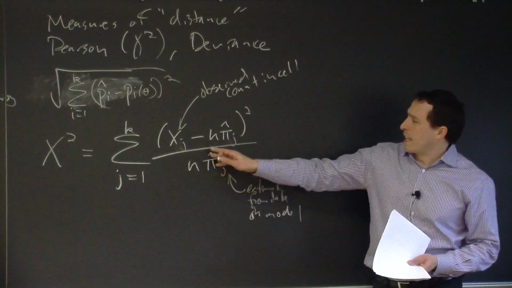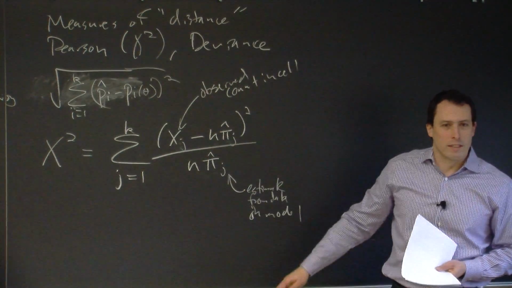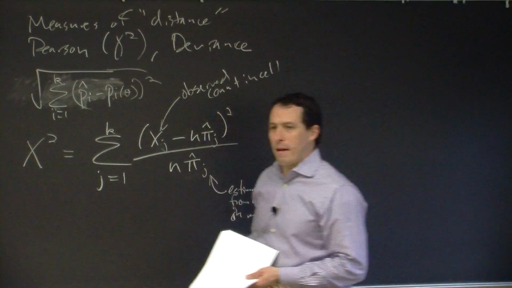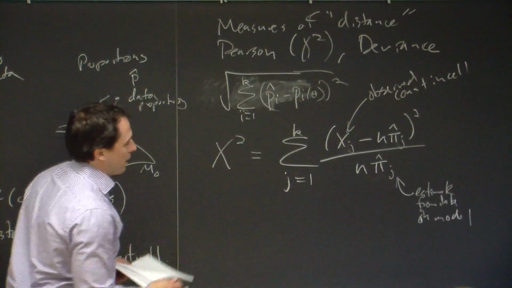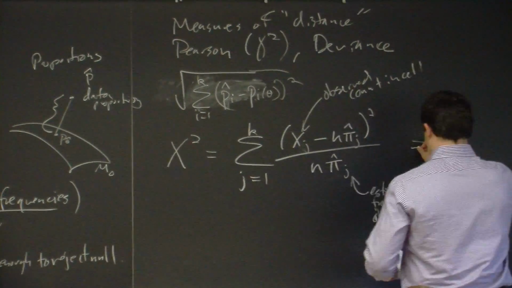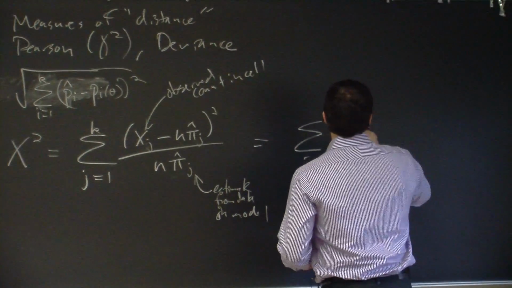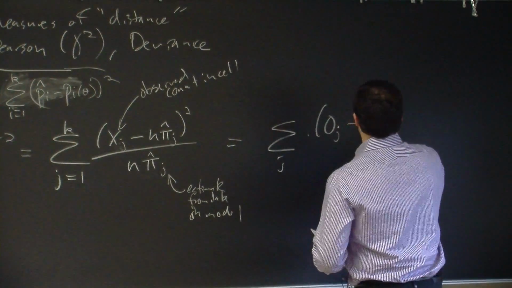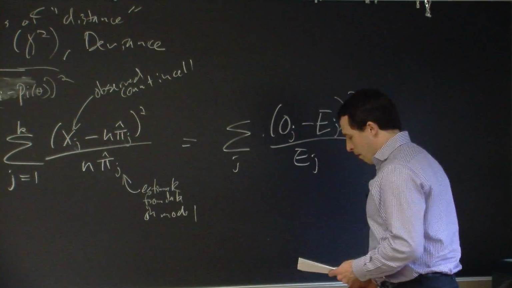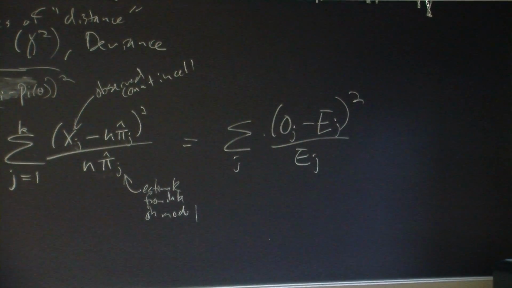In other words, instead of taking the absolute difference, we're taking the relative difference, the relative distance, the proportion. How far off am I, more like a percentage. Another way of saying that is that this is the sum of the observed count minus the expected count, squared, divided by the expected count. So it's a scaled Euclidean distance.